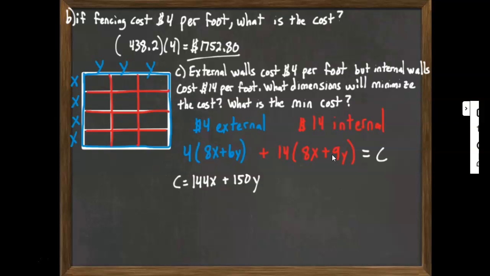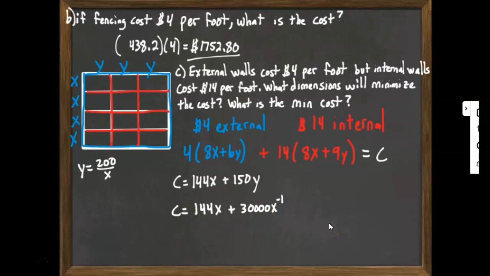Then we can use that just like we did in the previous problem. We still know that y is going to be 200 over x. So when we put in 200 over x for y, 150 times 200 is 30,000, over x, so it'll be 30,000 x to the minus 1.